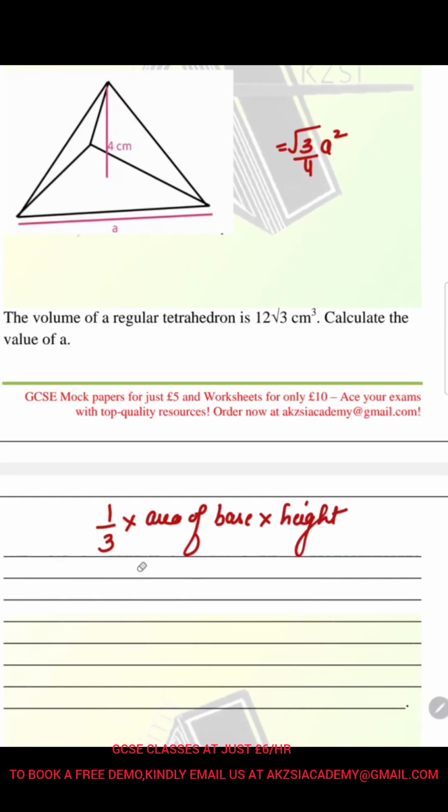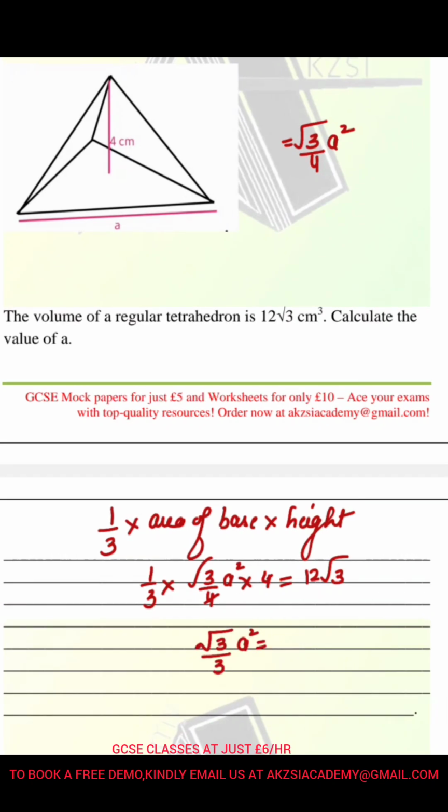So this is going to be 1 over 3. Area of the base is root 3 by 4 A squared times height, which is 4, and this equals 12 root 3. From here, I can cancel out these two. The expression is root 3 over 3 A squared, and this equals 12 root 3.